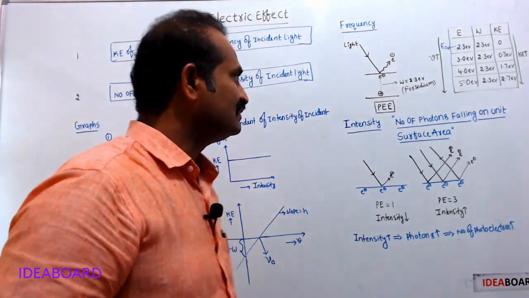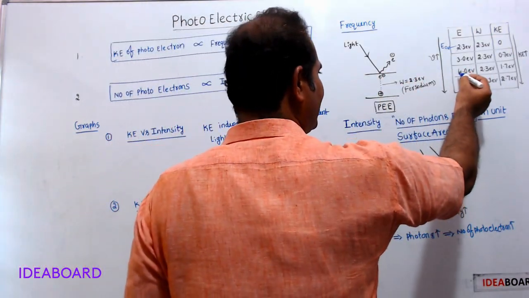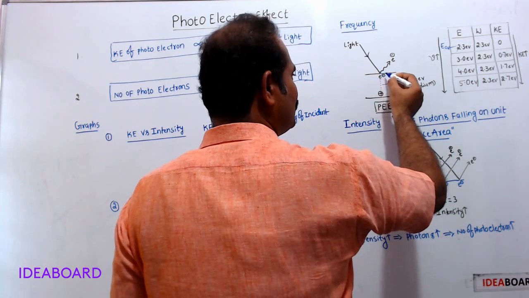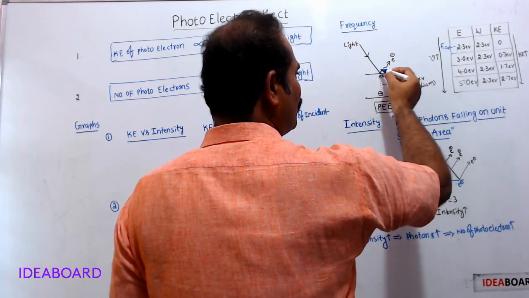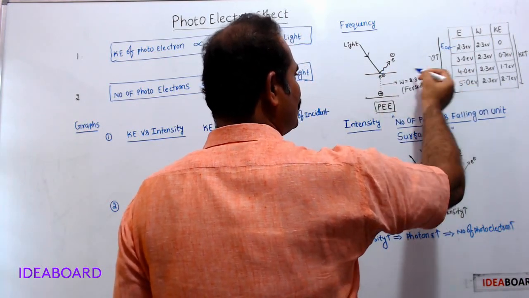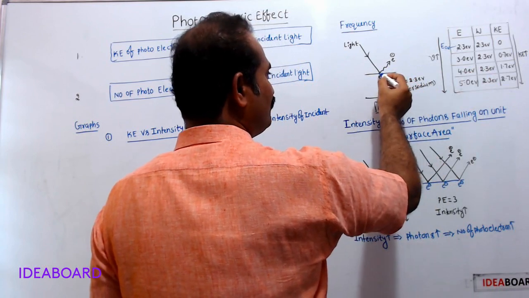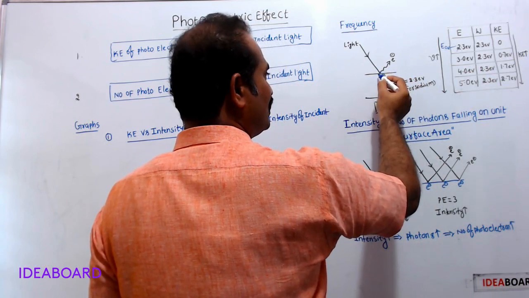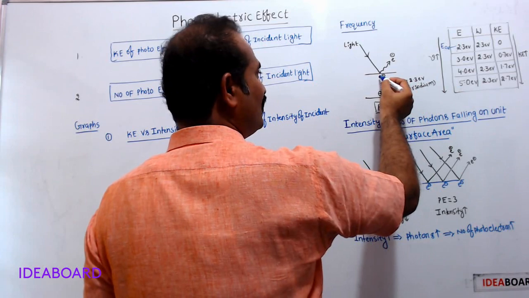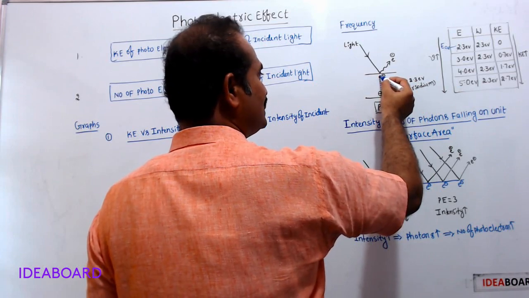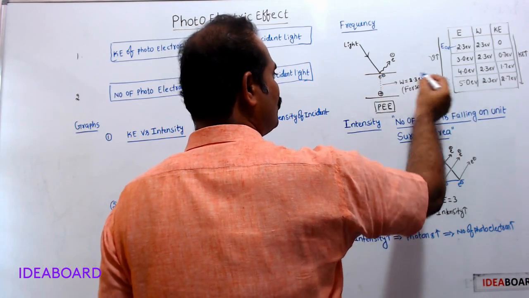Now another case, assume a photon with 4 electron volts. When a photon with 4 electron volts falls on the metal surface, the electron receives these 4 electron volts.